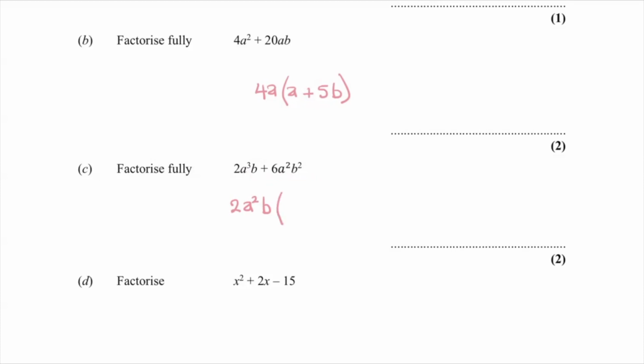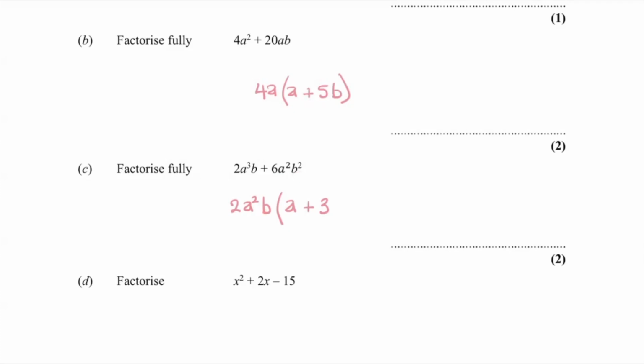Now we've already got the 2. We've already got the B. We've got a squared, but we want a cubed. So I just need an a to make that happen. I'm then going to put my 3 in that would create the 6. A squared is already there and my single b is on the outside.